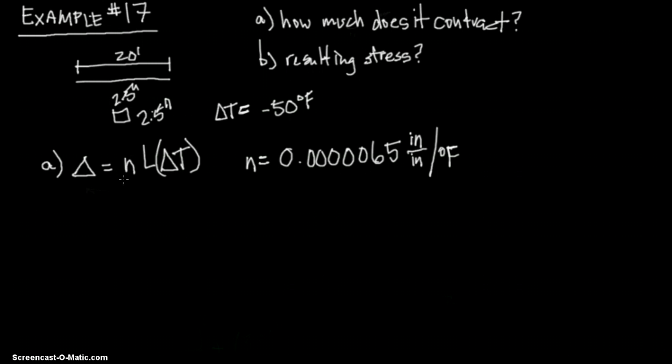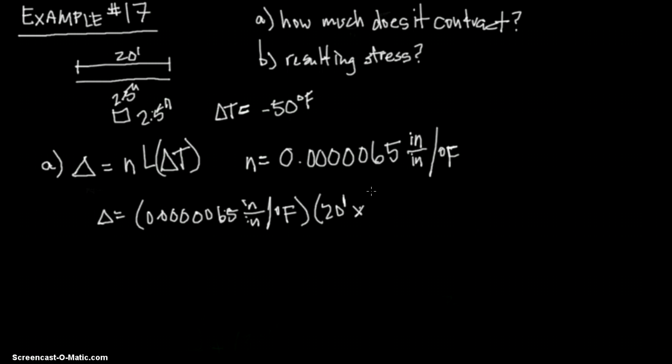So putting everything into the equation, we get 0.0000065 times 20 foot, and I always put this in inches, times 12 inches over foot, and then delta T is negative 50 degrees Fahrenheit.